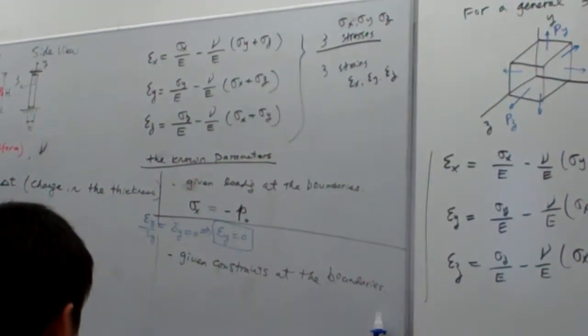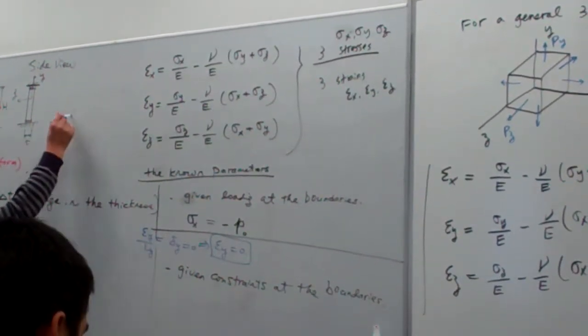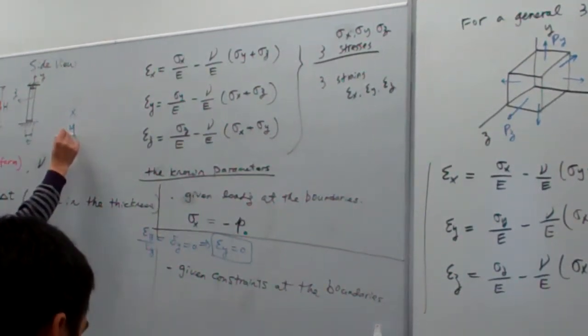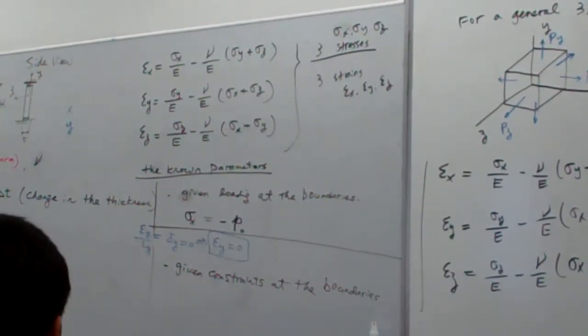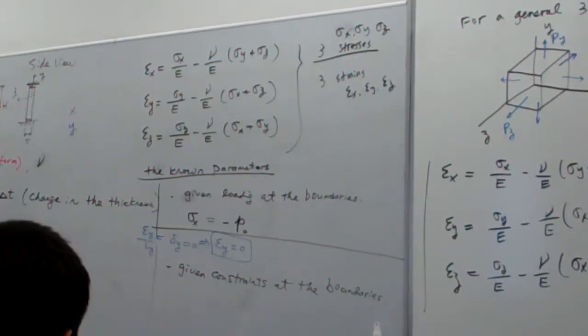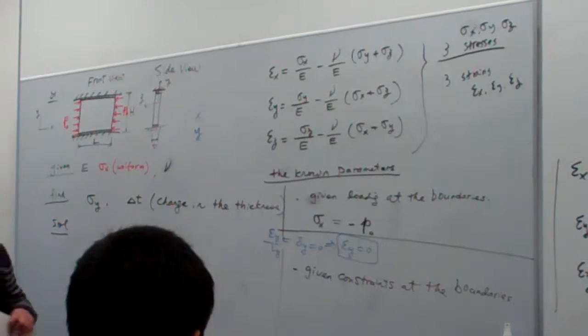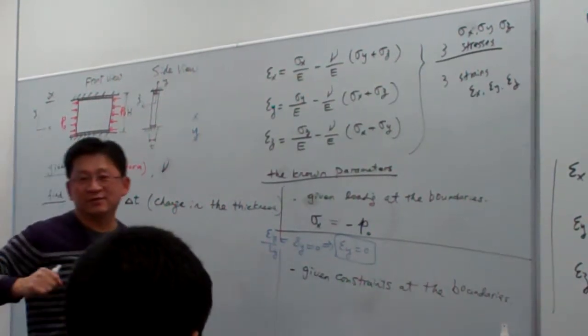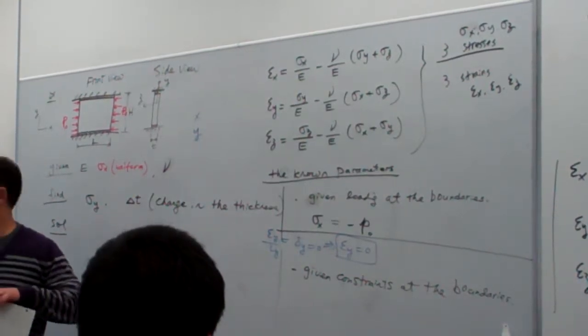Right? So we have checked the x direction, we have checked the y direction. Now we check the z direction to see what we can obtain. In the z direction, the material is free to expand. Free to expand, what does that mean?